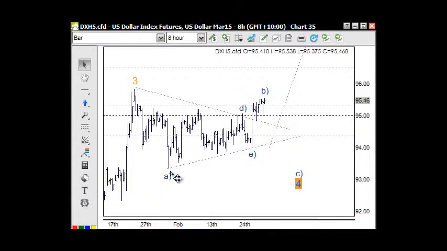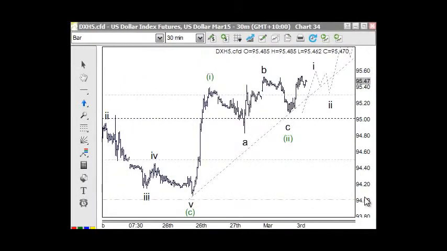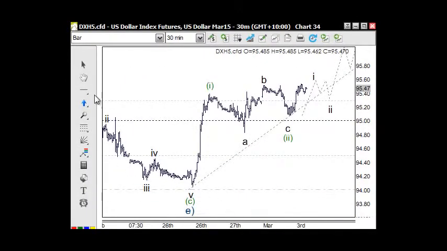So a larger A, B, and C here for wave 4. I don't think that's the case, but just wanted to put it on the table there.